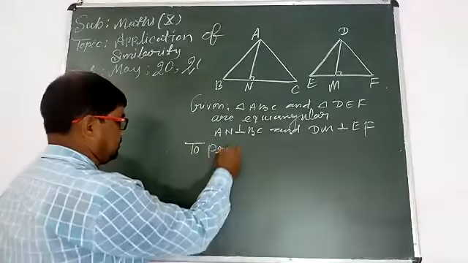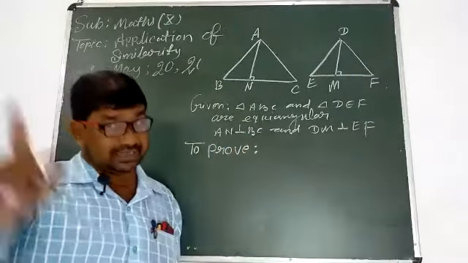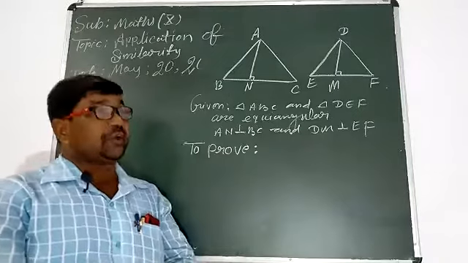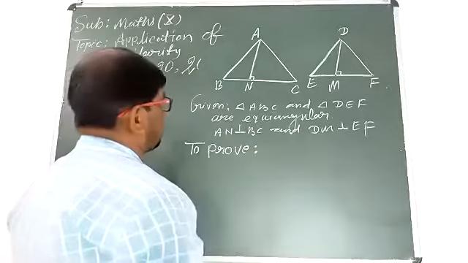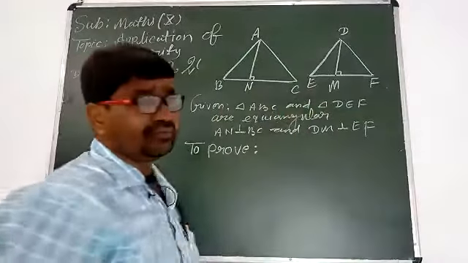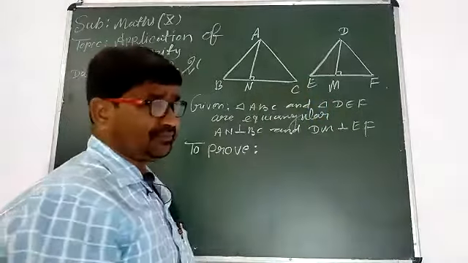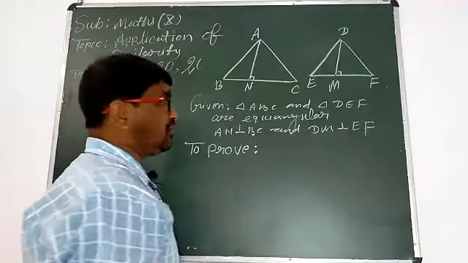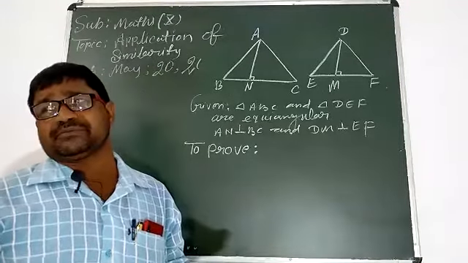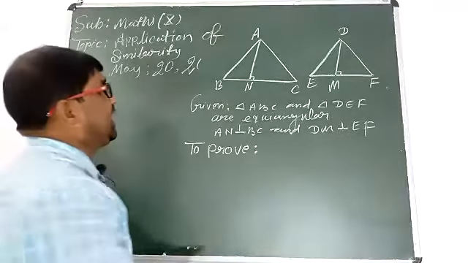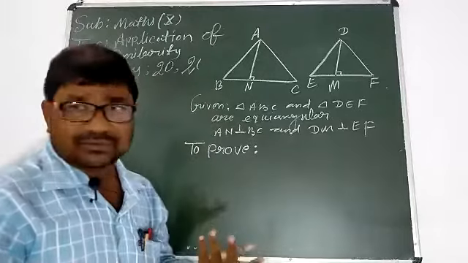To prove: mind the statement. The ratio of their corresponding sides. We are taking sides BC and EF, because the triangles are ABC and DEF. We can draw the perpendicular on any one side. If you think you need to draw the perpendicular on side AB, then you can draw.